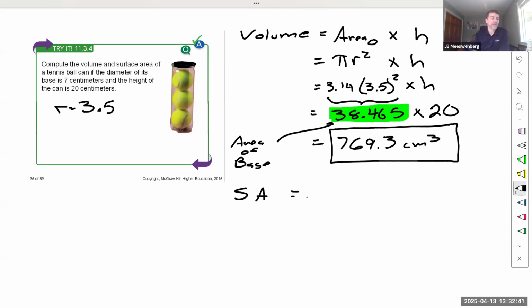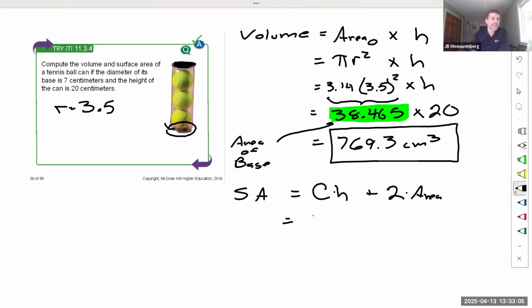Now, to find the surface area, if you recall, we are going to find the circumference of the circle and multiply it by the height. So we're going to take the circumference times the height. Once we get that, we will then add 2 times the area of the circle.